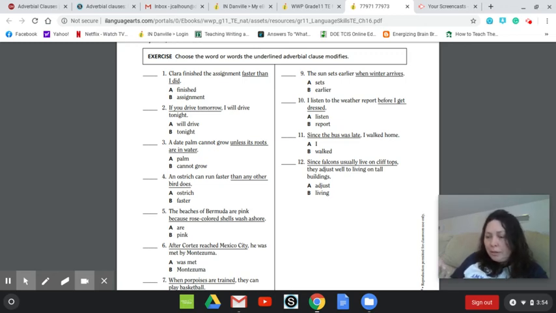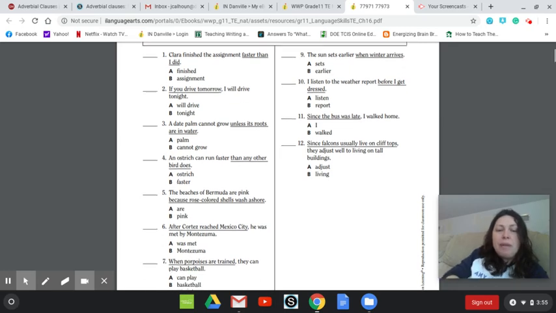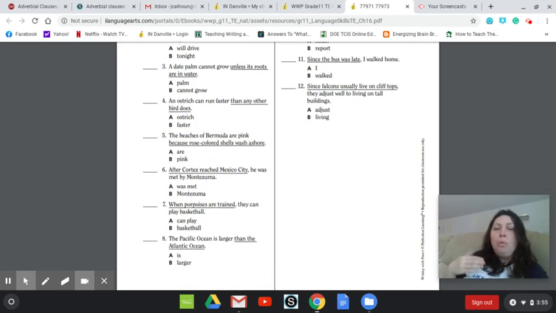This one's a little difficult, at least I thought it was kind of difficult. Now this answers why. Why are they pink? So that's why, and it modifies are. Okay. After Cortez reached Mexico City, he was met by Montezuma. When was he met? After.